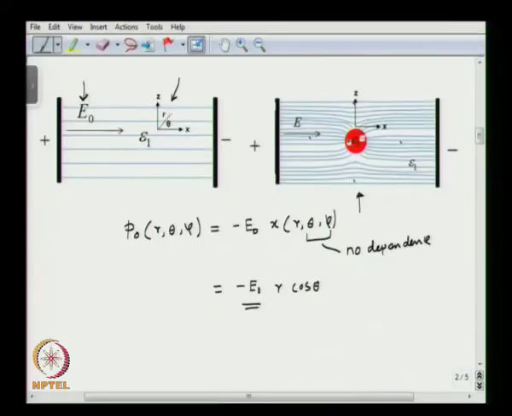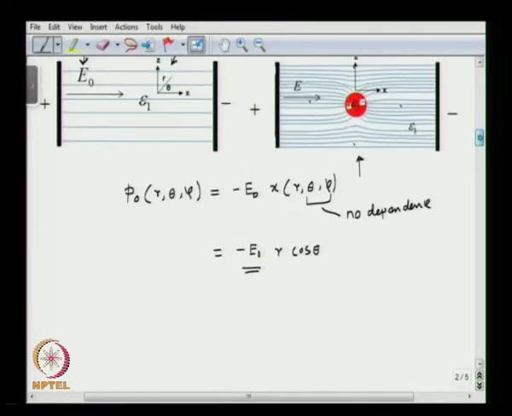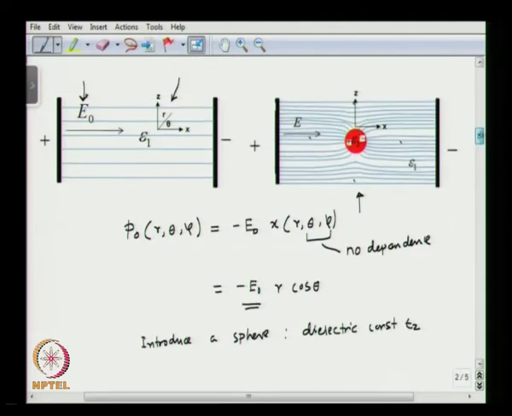Now we introduce a dielectric sphere into the medium, whose dielectric constant is epsilon 2, as you can see in this figure here.